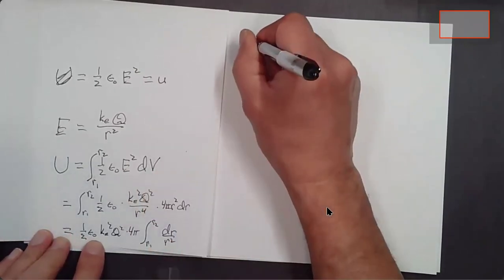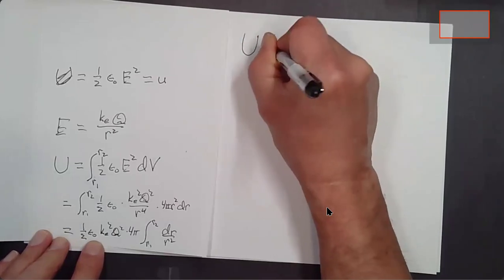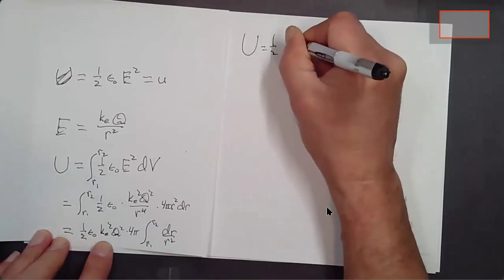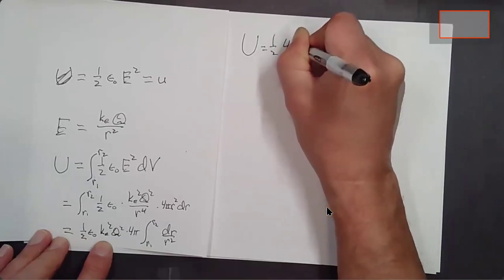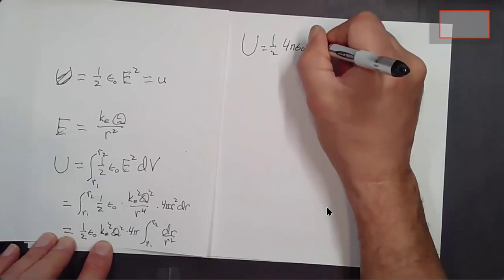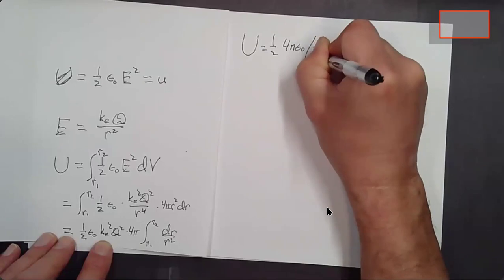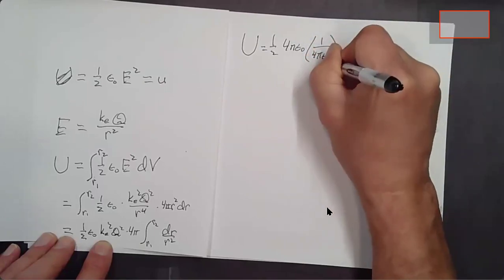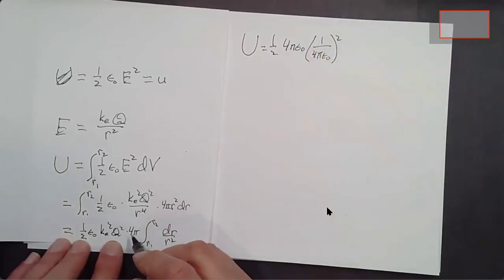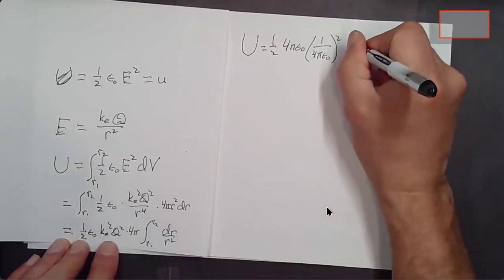Let's see, I'm gonna look at it here first. I'll simplify it a bit: 1/2 times 1 over 4 pi epsilon naught, times k sub e squared, which is actually 1 over 4 pi epsilon naught squared, just making sure I take care of everything, and then q squared.